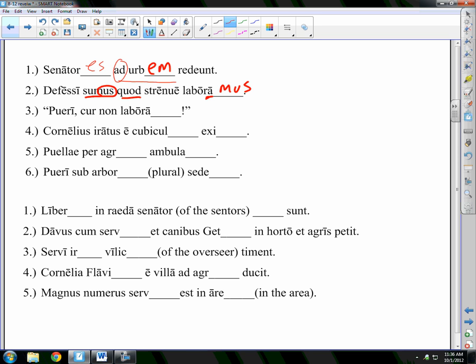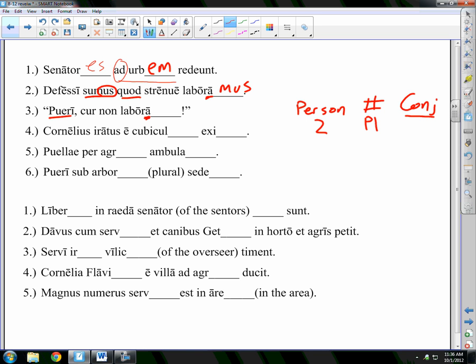Looking at the next one, we decide that that's a verb. And remember, for a verb, we have to ask ourselves the person, the number, and the conjugation. So we have: boys, why do you all not work? So the person is second person, you all. It is plural because it's you all. What conjugation is laborare? We already established that it's first.